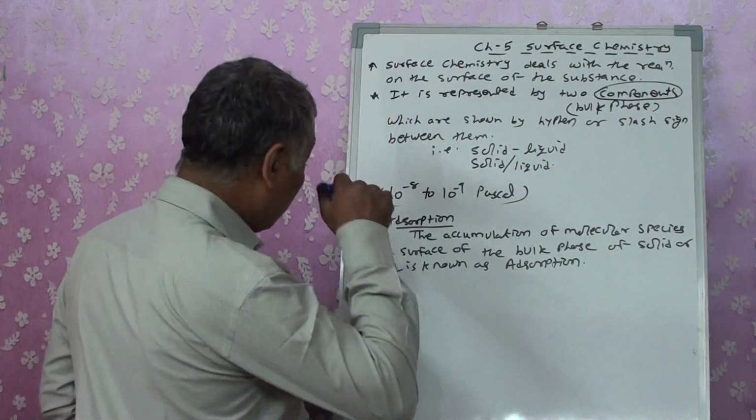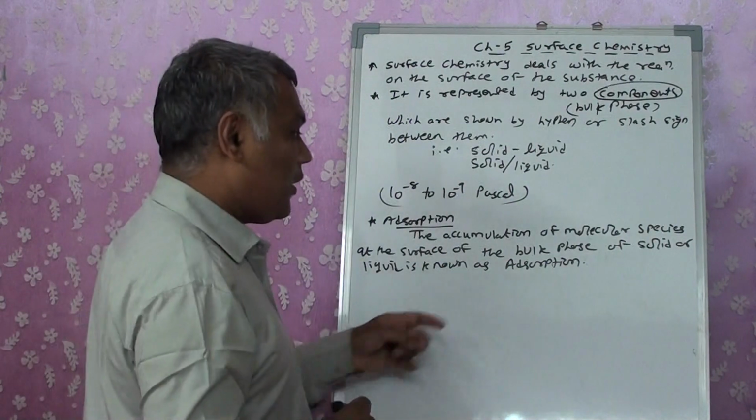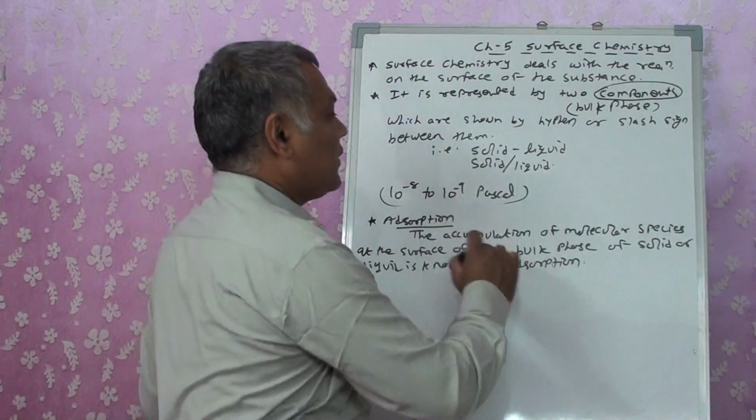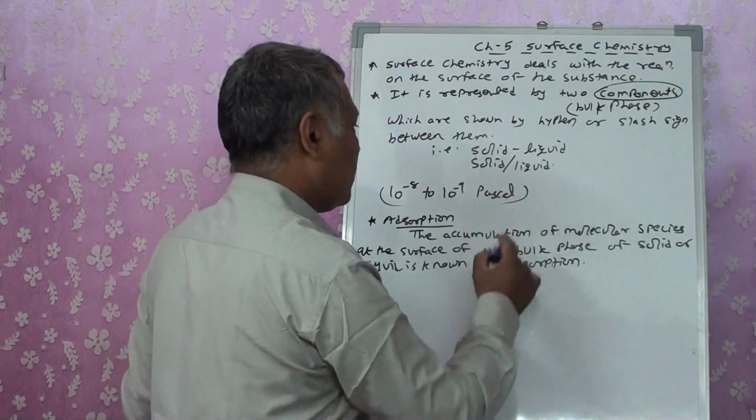Now when we are talking about such things, we get two different bulk phases. We will have one as a solid, one as a liquid, or we write it as solid-liquid.